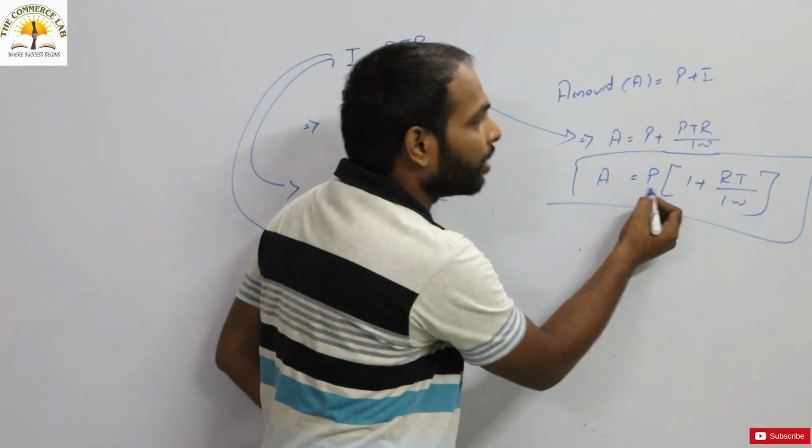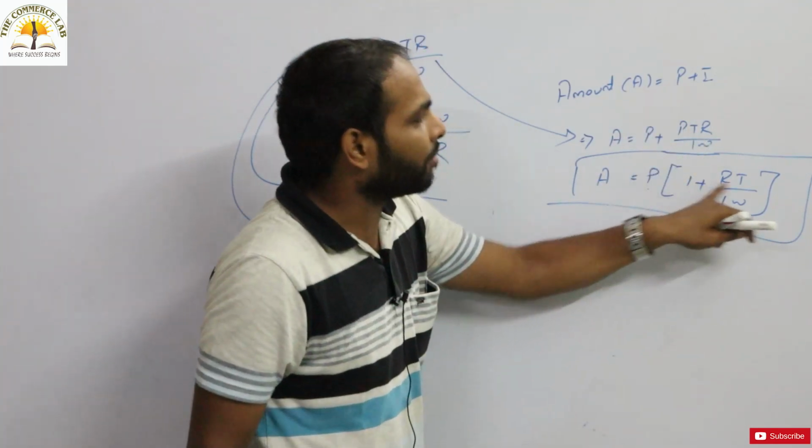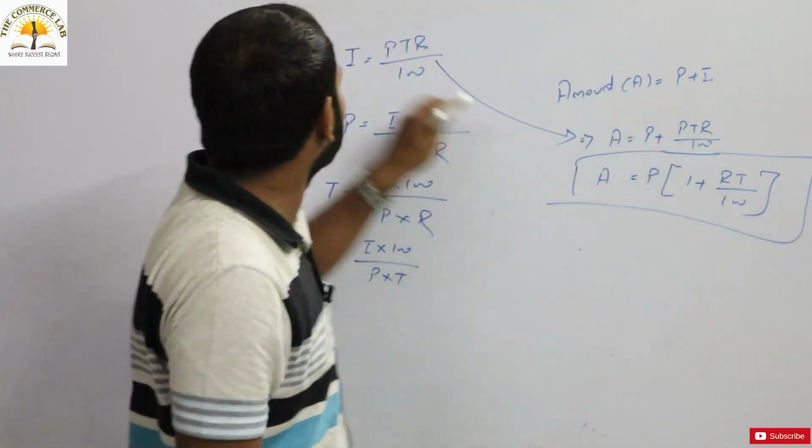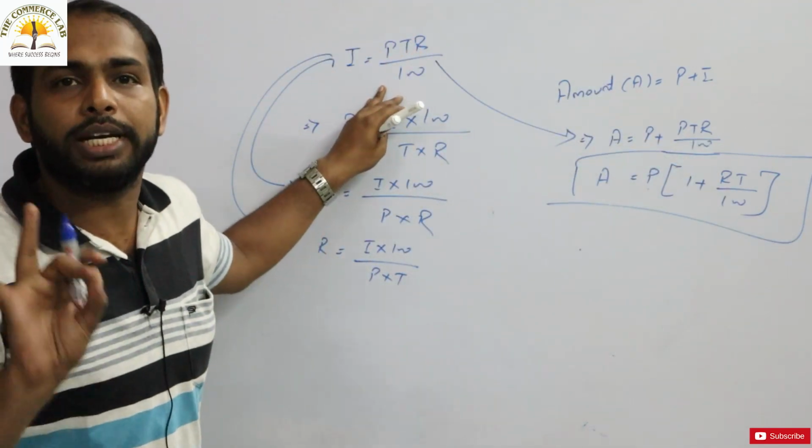Then taking P common, we get 1 plus RT by 100. So amount A equal to P into 1 plus RT by 100, another formula. So this is all about your formula regarding simple interest.